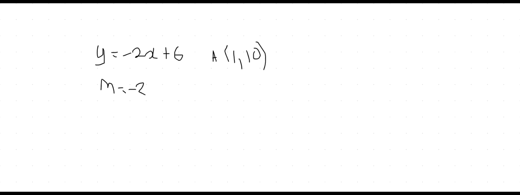And that equation is y minus y1 is equal to m, which is the gradient, multiplied by x minus x1. So y1 and x1 are the coordinates from the point that's given.